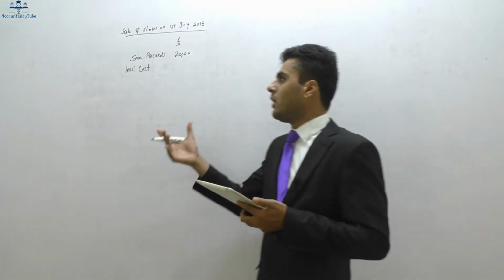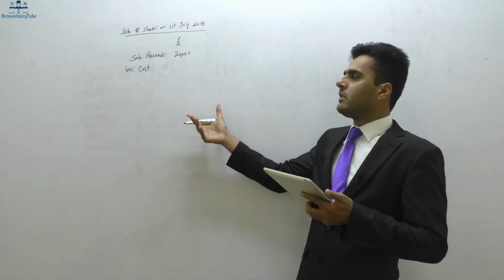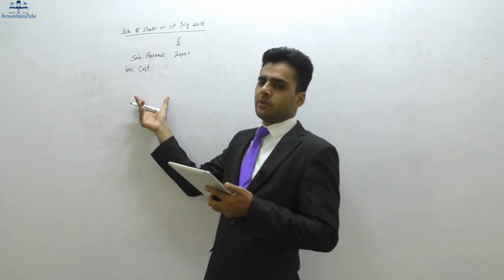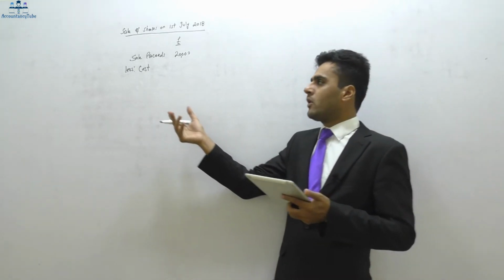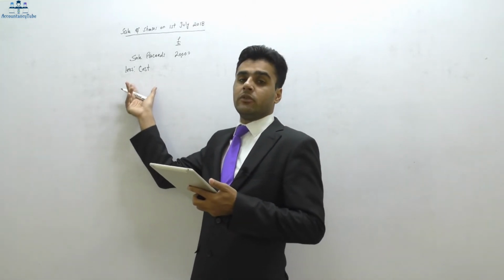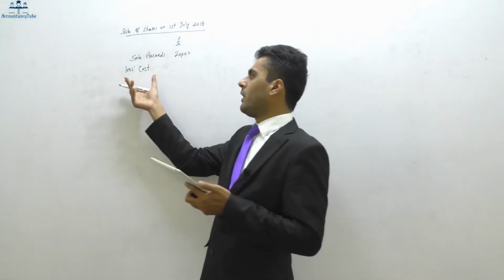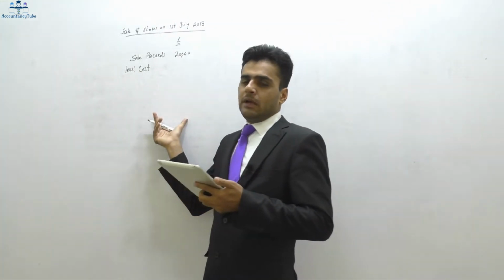Now, whenever there is a loss on EIS shares, what would happen is that although the loss is allowable, the cost will be reduced by the EIS relief originally obtained.